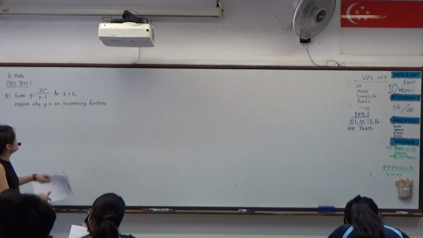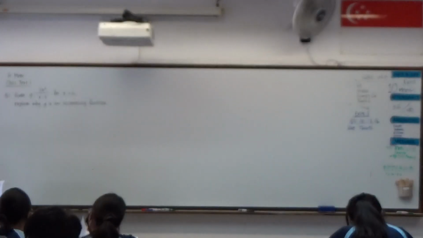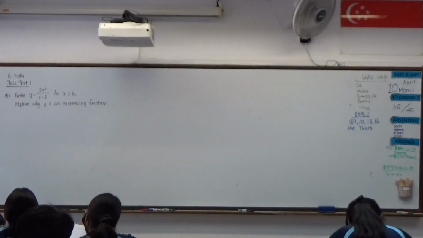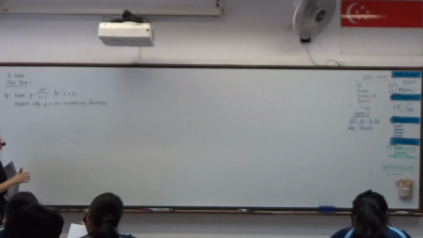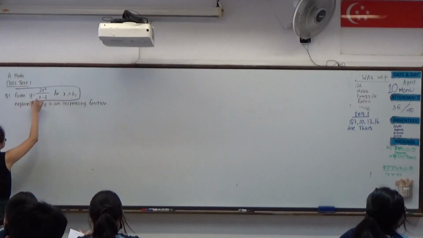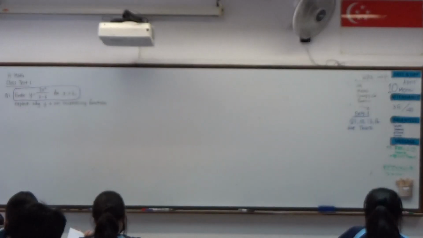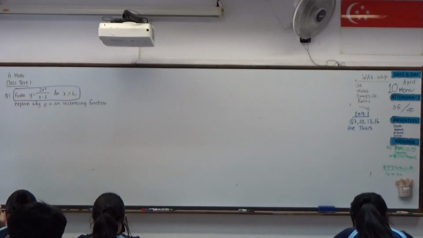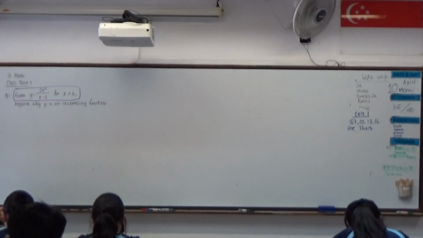It is given that y equals 2x squared over x minus 3, and the question gave this qualifier that x is going to be more than 6. All of these are given information that you can use to go about answering. What the question wants you to do is to explain why it is an increasing function.